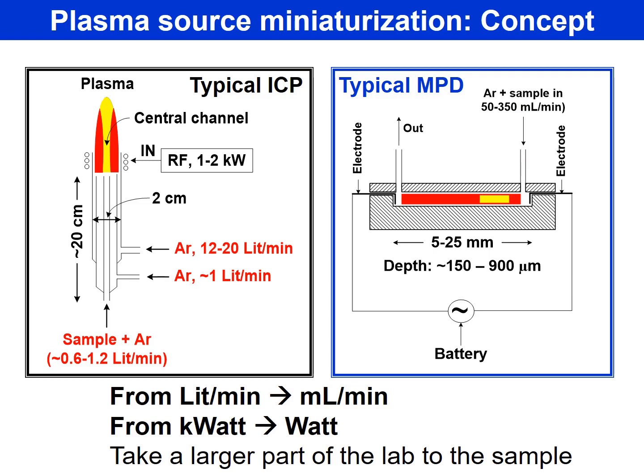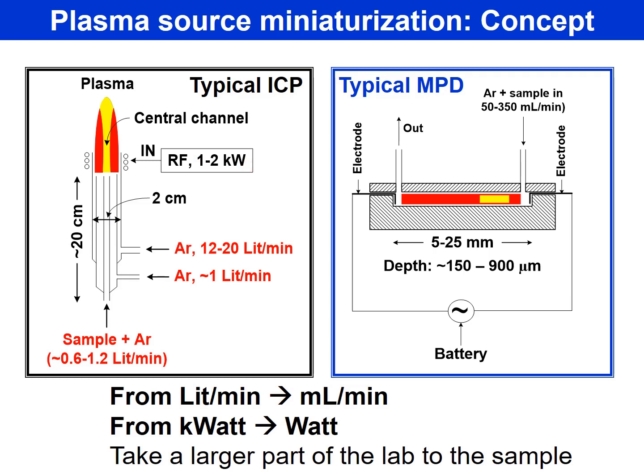Now, I want to emphasize that the gas flow rate here is in the milliliter per minute range. This is compared to and contrasted with a typical inductively coupled plasma. An inductively coupled plasma is another plasma that is probably the most widely used plasma for chemical analysis. Unlike the battery operation here, the typical ICP uses radio frequency, let's just say 27 megahertz, but 1 to 2 kilowatt of electrical power.